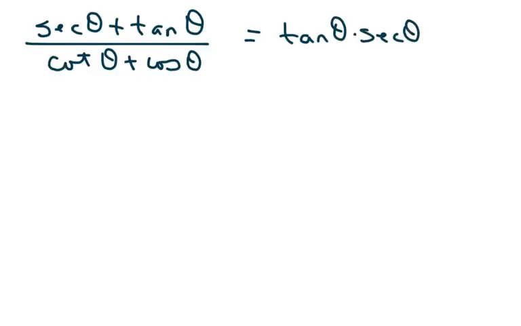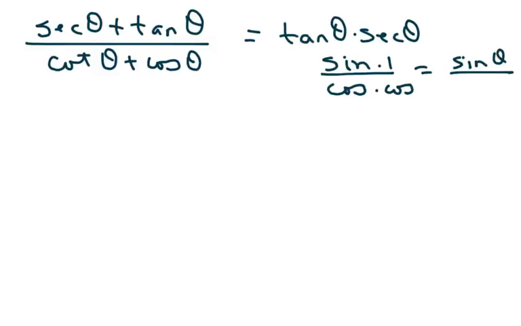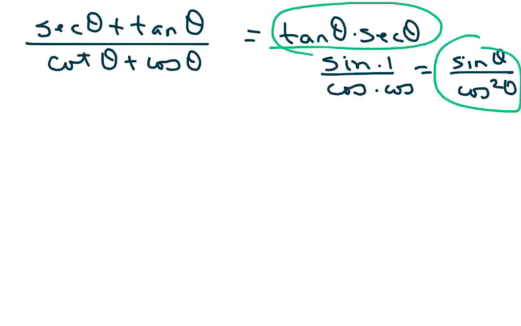And if you look at what this is, it's really sine over cosine, and this is 1 over cosine, which equals sine of theta over cosine squared. Now, so just know kind of what our end game is here.